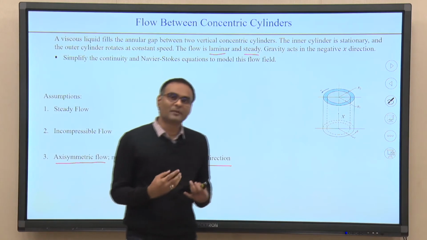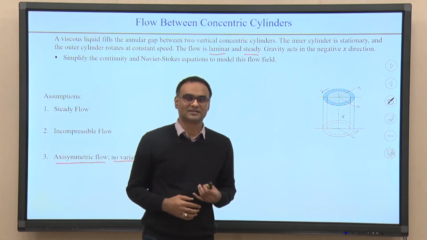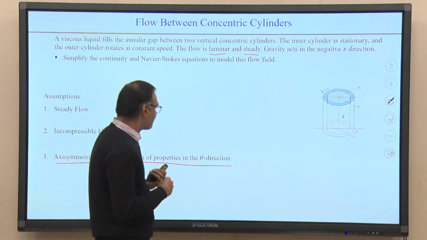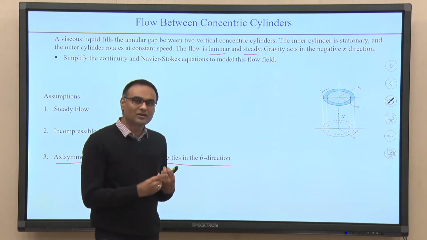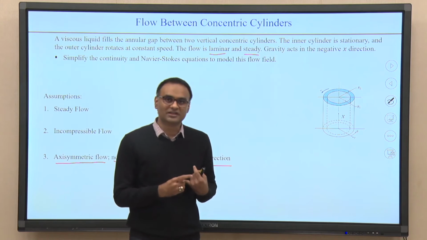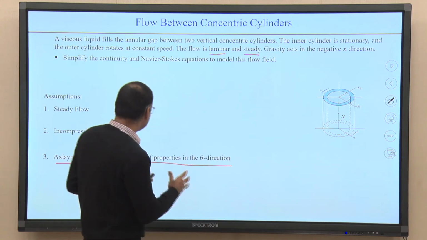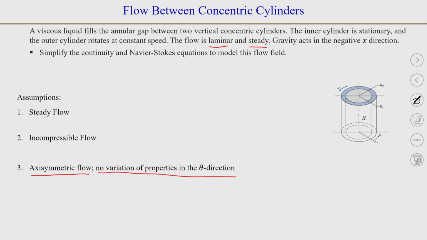Remember, when we talked about flow in a circular channel, the theta component of velocity, v theta, was 0, but here v theta will be non-zero, and axisymmetric flow simply means that the flow is symmetric about the axis.